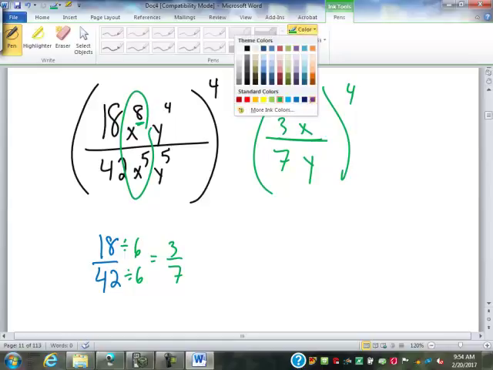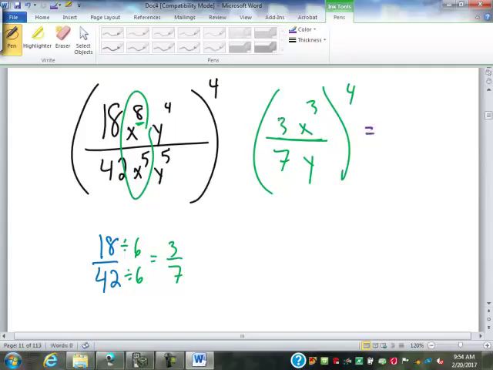Now we can do the power. What is 3 to the 4th power? 81, right? 3 times 3 times 3 times 3. X to the 3rd to the 4th power. X to the 12th.